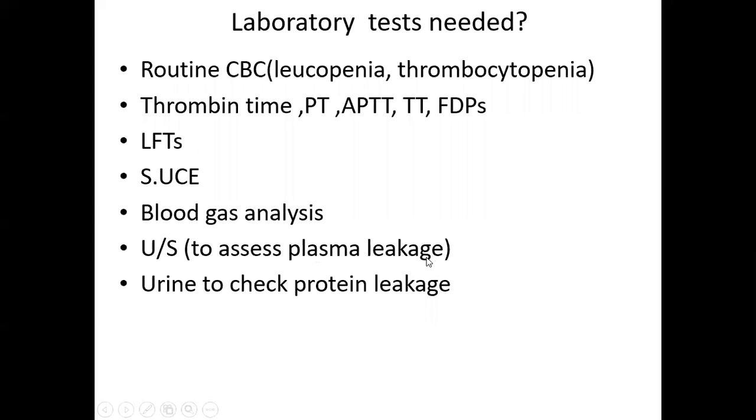To assess plasma leakage, an ultrasound is performed to see whether transudate is present in the cavities or not. Urine analysis is also done to check for protein leakage.